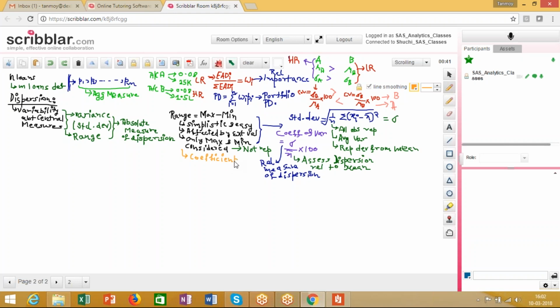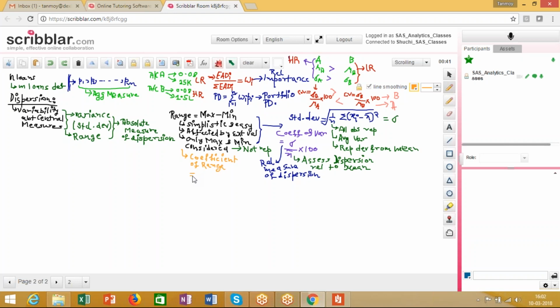Right. So the coefficient of range is another measure of dispersion.